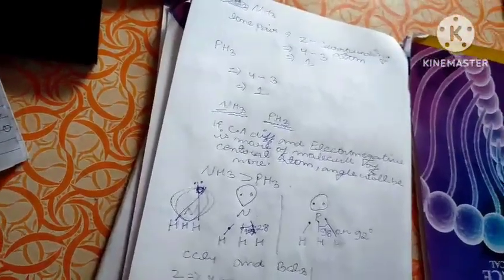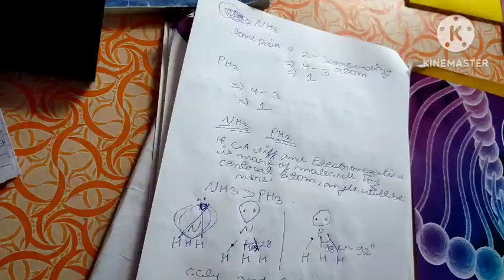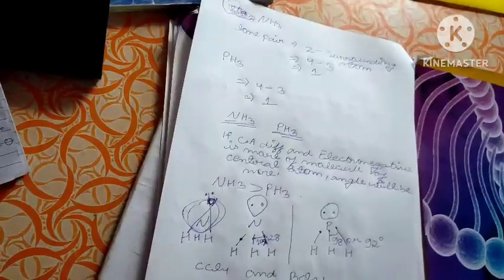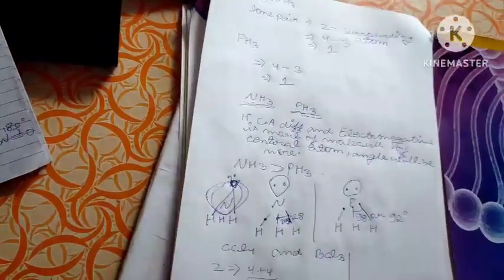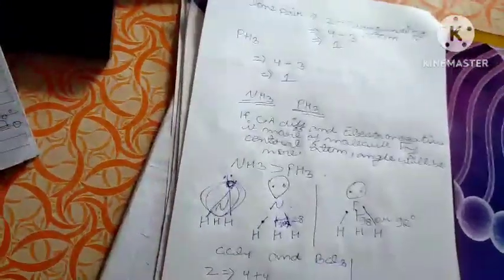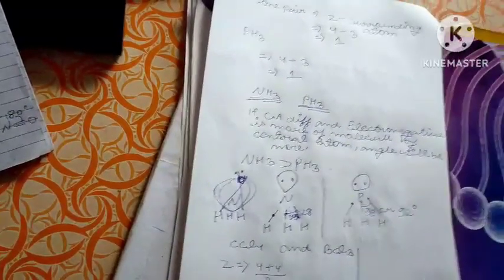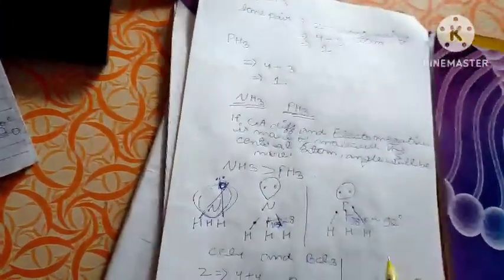So we will calculate the lone pair: Z minus surrounding atoms, that is 4 minus 4, that is 0. So it has 0 lone pairs.